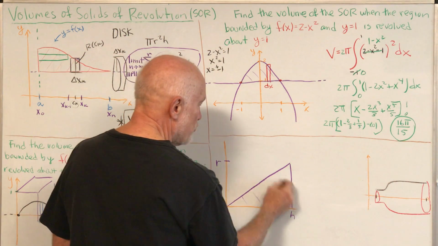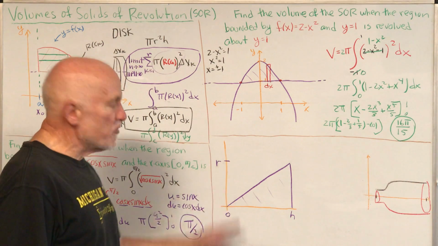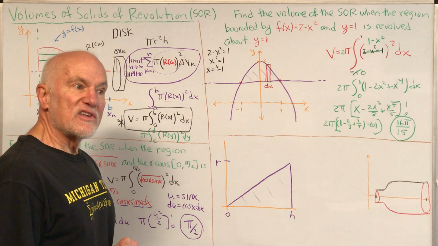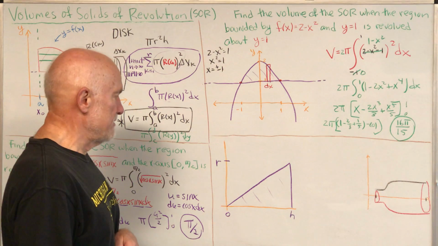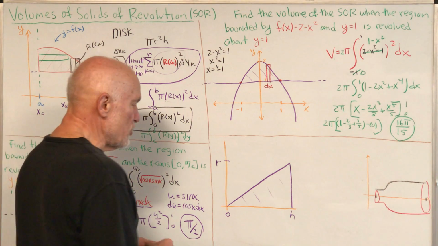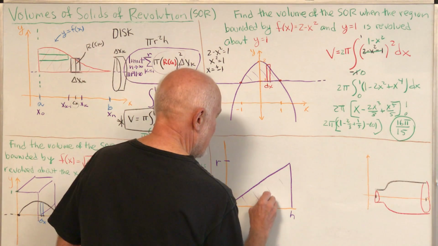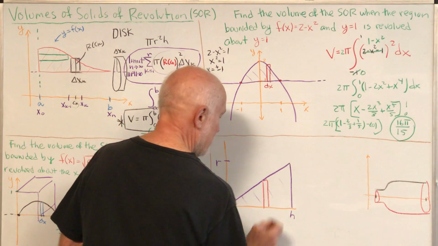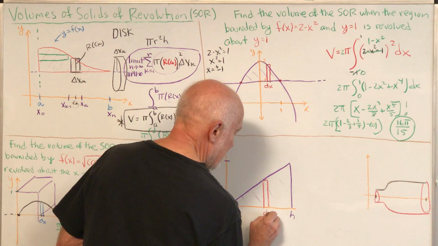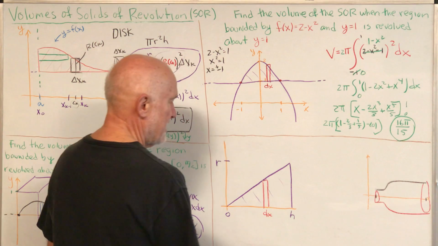And we got this right triangle, and we revolved it around the x-axis. I wonder what kind of volume we would get. So what we could do is just make a rectangle perpendicular to our axis.